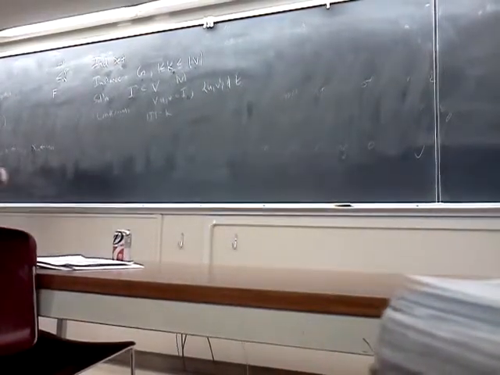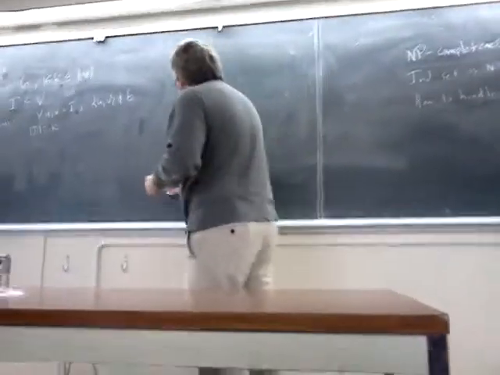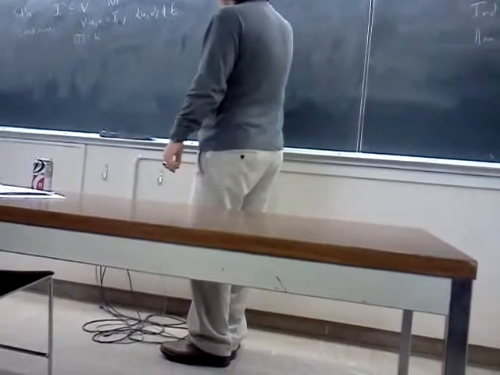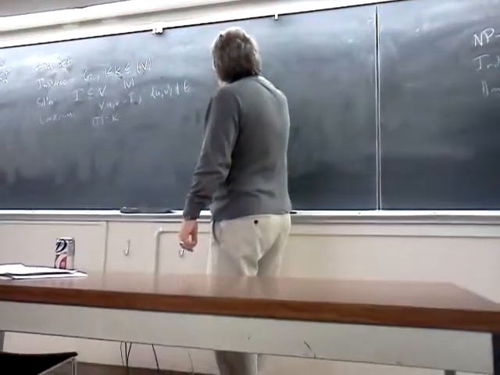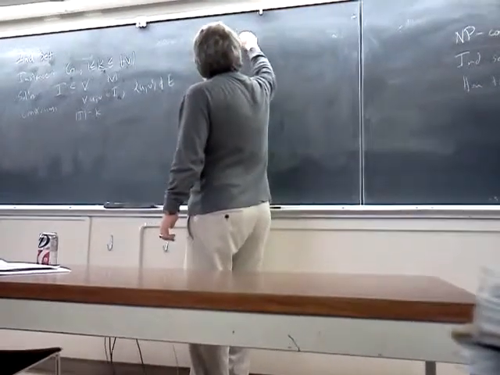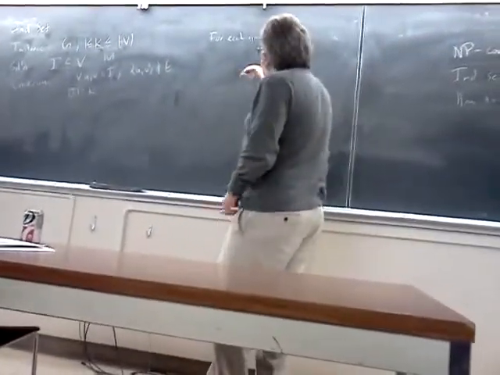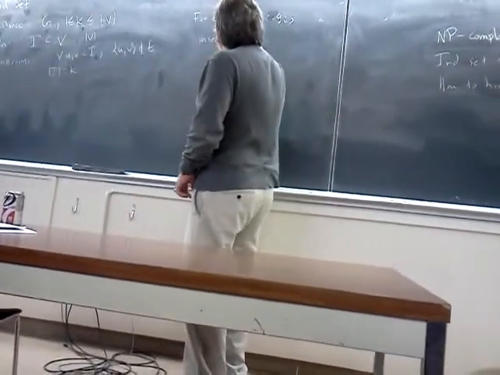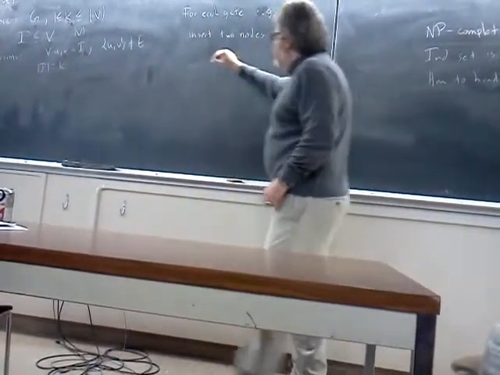So what I'm going to have is, for each gate Gi, we're going to insert two nodes, say Ai and Bi, in the graph.